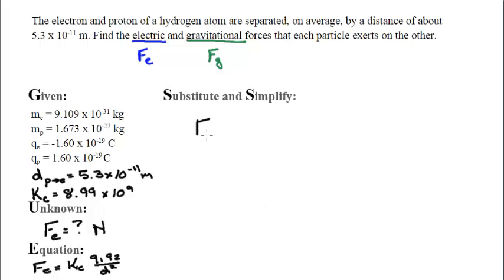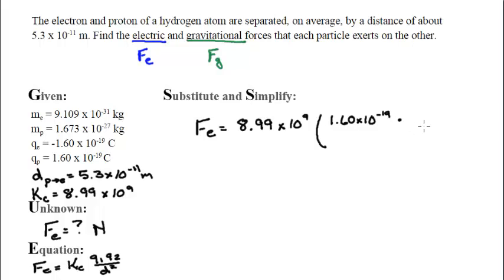So I don't know what Fe is, but I do know that Kc is 8.99 times 10 to the 9. And I can multiply it. The first is the charge on the proton, which is 1.60 times 10 to the negative 19.